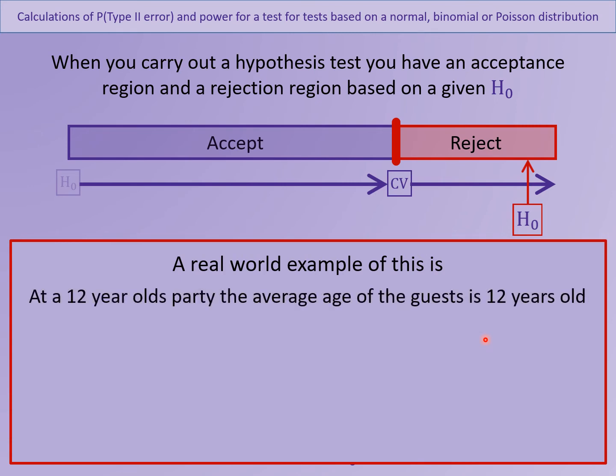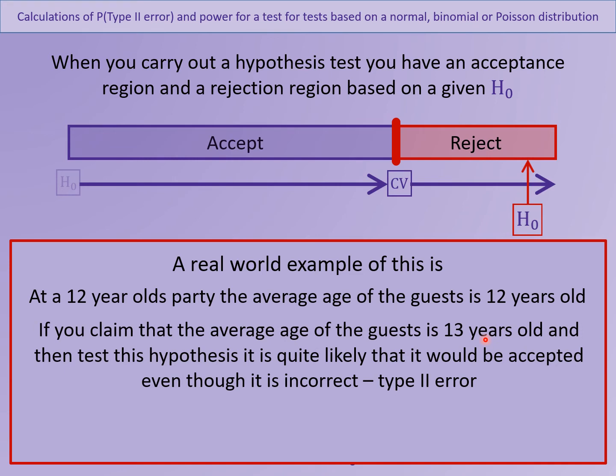So a real world example of this could be this. At a 12-year-old's party, the average age of the guests is obviously going to be 12 years old. Okay, it makes sense. The average age, not including all the parents or anybody else there, of just the party goers is 12 years old. If you claim the average age is 13 years old and then test this hypothesis, it's quite likely that you would accept 13 years old because 13 years old is really close to 12 years old.